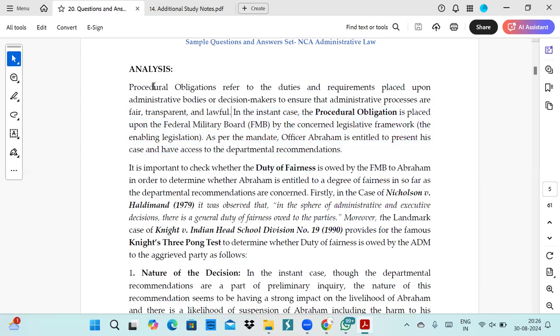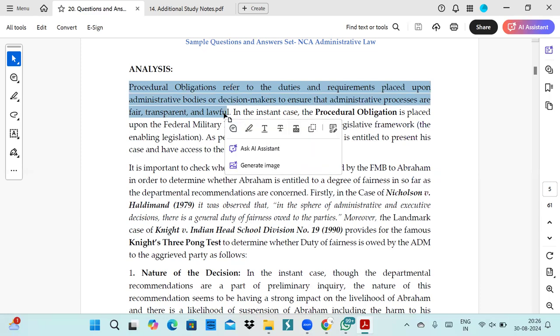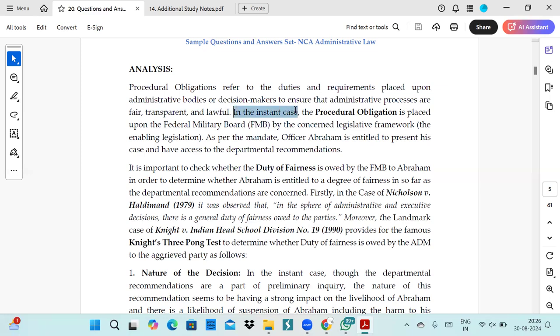in the instant case. So I suggest you start with the topic, what it is dealing with. If it is about procedural obligation, start with that general statement, one or two lines, that's it. Don't talk too much theory at the beginning of your analysis. Then immediately start with what is happening in the instant case. In the instant case, on whom is the procedural obligation placed?